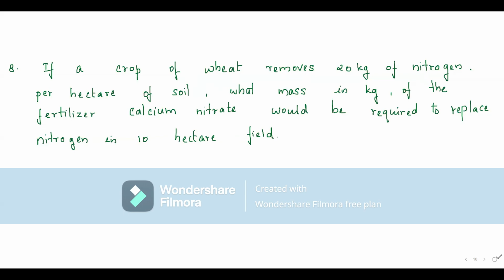But read the question, you have 10 hectares of land, which means what you will have to give back to the soil is 200 kilograms of nitrogen. But which is the fertilizer that you are using to give back this 200 kilogram of nitrogen? You are using calcium nitrate.